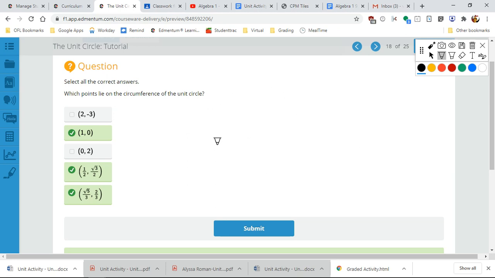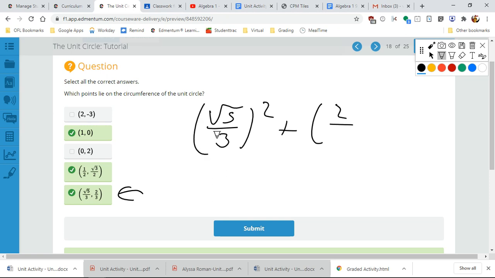And this one was a trick question. It really was. The reason why this does work is they wanted you to plug this into the Pythagorean theorem. So if you do that, you get 5 over 9, because 3 times 3 is 9.